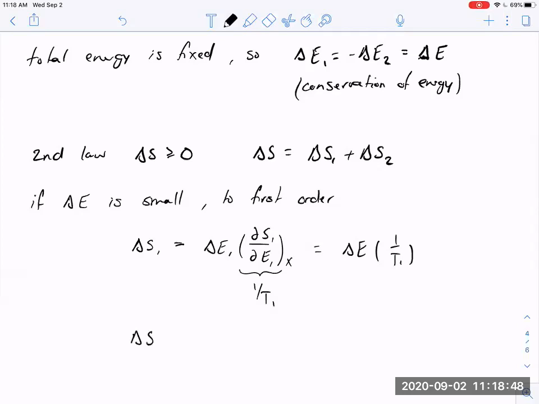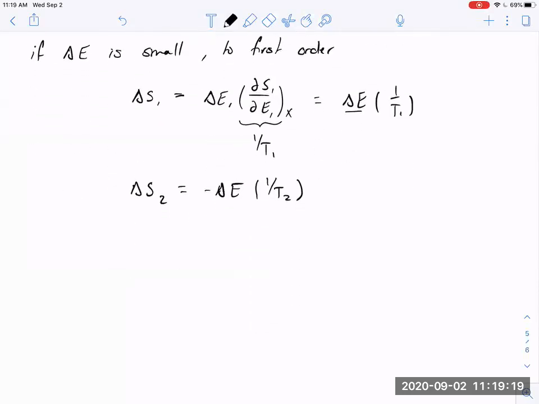I could similarly write down the change in the entropy of system 2. If system 1 gained some amount of energy, that means it was lost by system 2. And the corresponding change in the entropy will be that loss times 1 over its temperature.